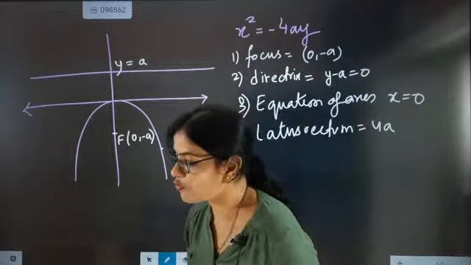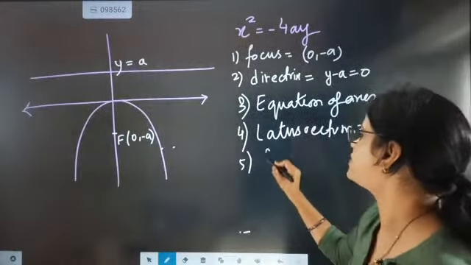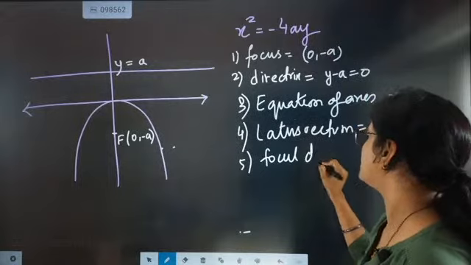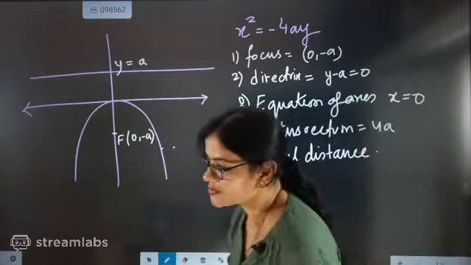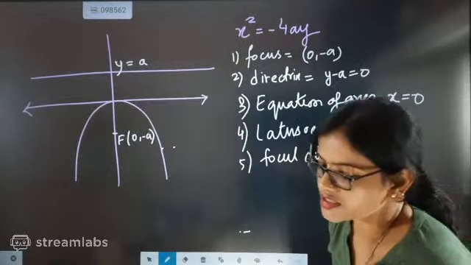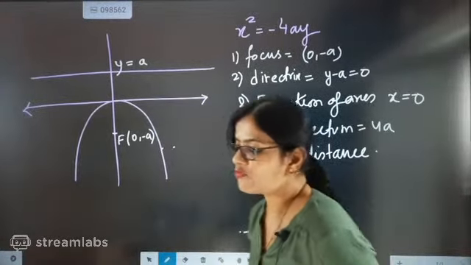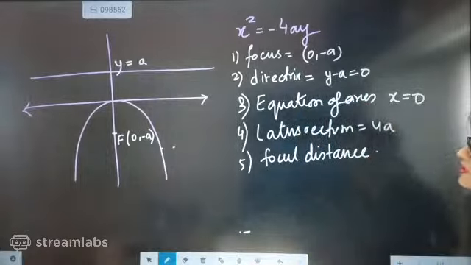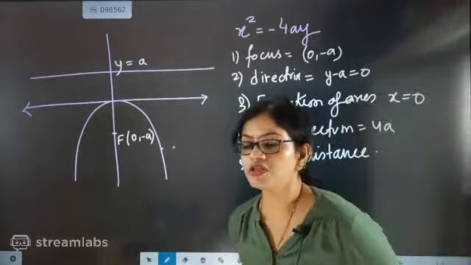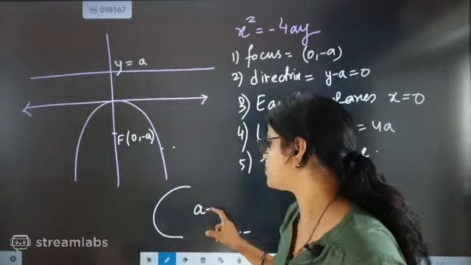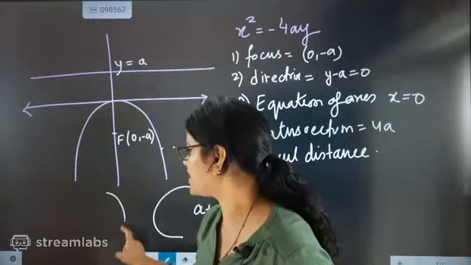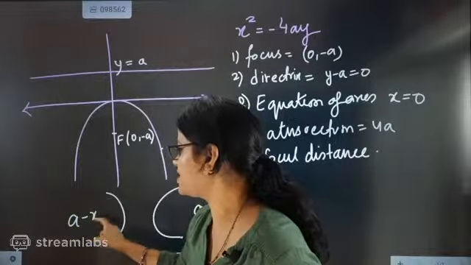Now what will be the focal distance? Come on, tell me, beta. Think, because now the parabola is down. When the parabola opened one way, focal distance was a plus x. When it opened the other way, focal distance was a minus x.